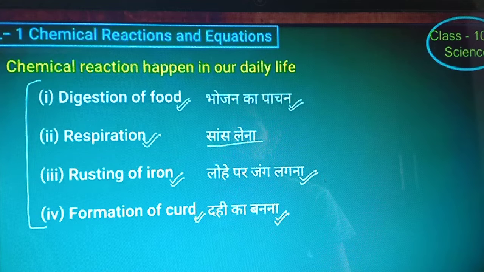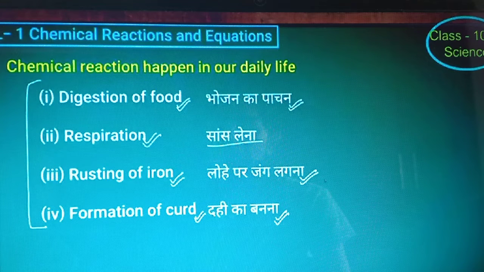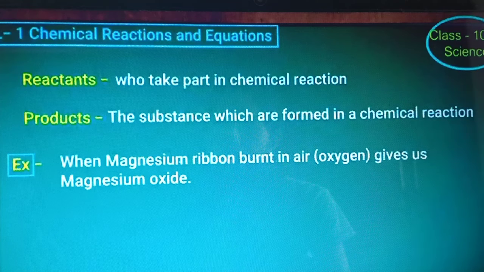Now, let's see the chemical equation. What is the chemical equation and what is its role for the chemical reaction? A chemical equation is a symbolic representation of the chemical reaction.